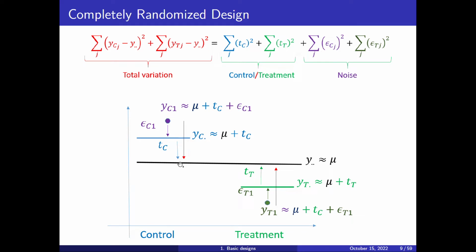So if there are no differences between control and treatment, then these 2 lines will be very close to the overall mean, and then there will not be any difference. It can be shown, and we have it in the next slide, that this total variation can be decomposed in various sums. The first sum is the sum of all treatments.